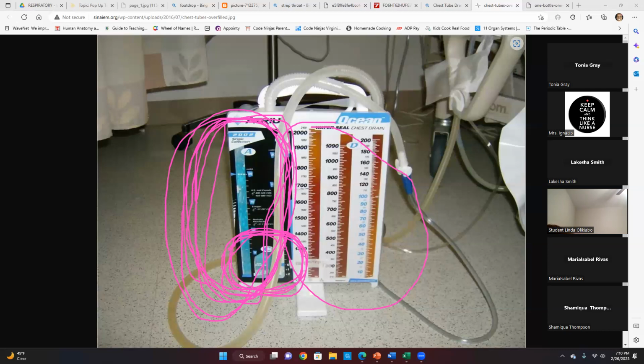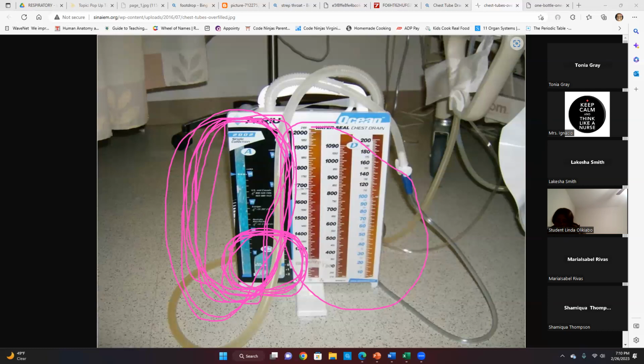Any questions about this chest tube? Okay, awesome. Let's continue.